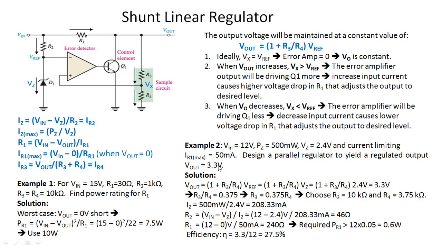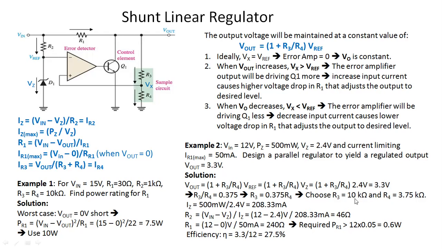V out is 3.3, so you can write that will be equal to 3.3. So you will get equations for R3 and R4. So you are having here R3 upon R4, that will be equal to 0.375.